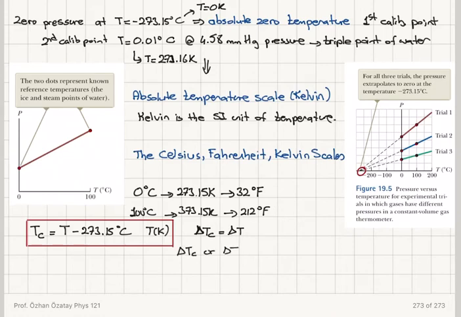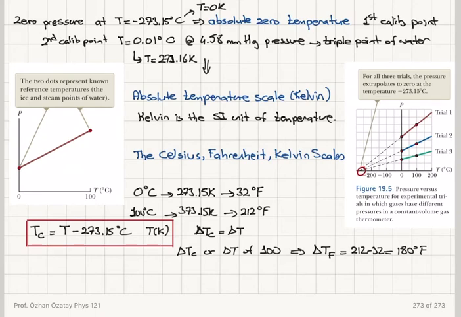However, I see that if I have a delta T of 100, this corresponds to a delta T in the Fahrenheit scale of 212 minus 32, 180 degrees Fahrenheit.